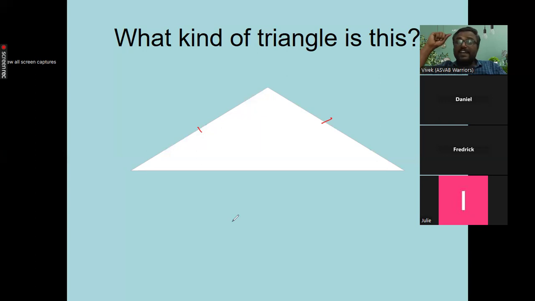Which kind of triangle is this? I have just put the markings so that you understand. Jacob, Julie, Daniel, please put your answers in the chat box.